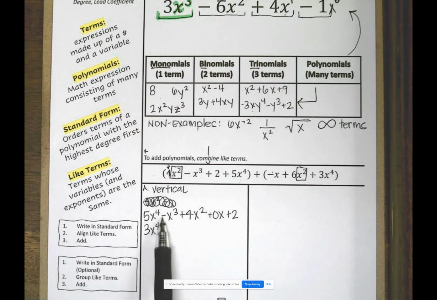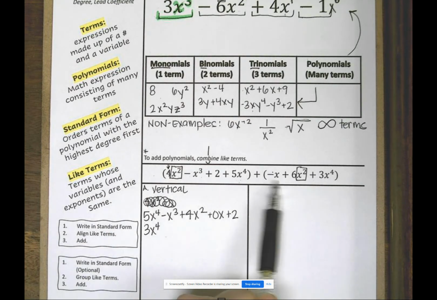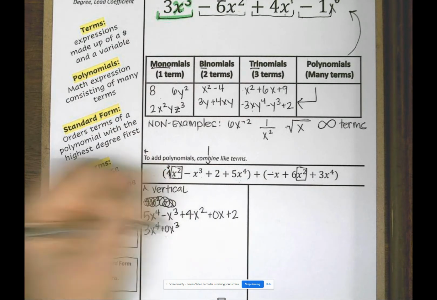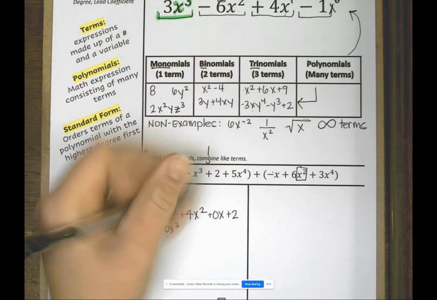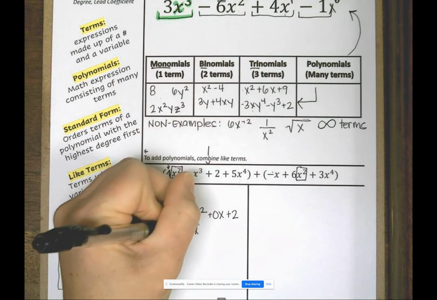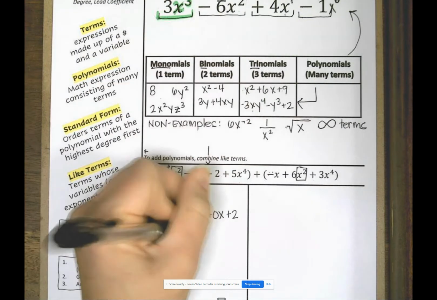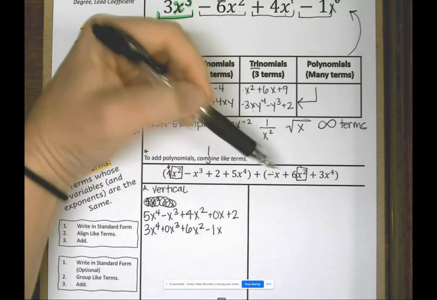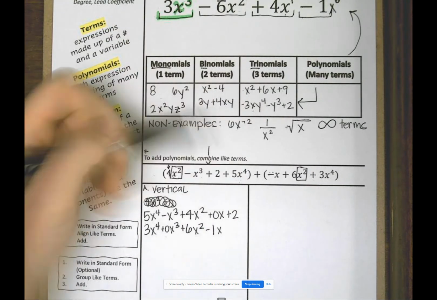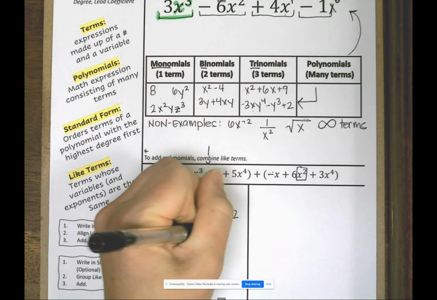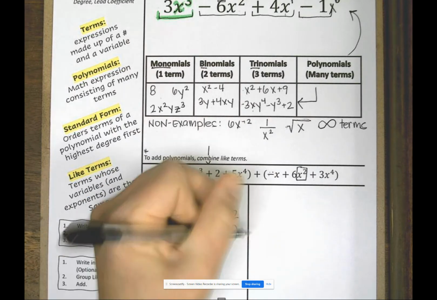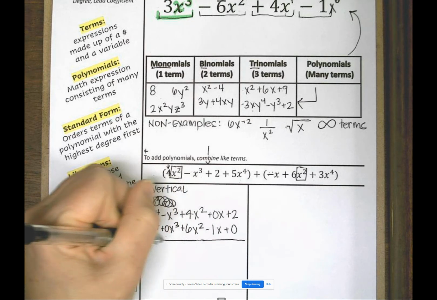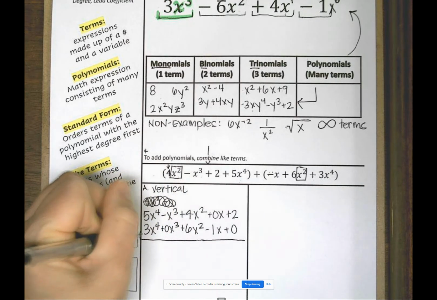I'm going to put my x to the 3rd underneath, but there isn't one, so I'm going to use a placeholder of 0, plus 6x squared, minus x is the same as minus 1x. I'm going to put minus 1 just so I add correctly. It kind of clears things up for me. And I have no constant term, so I'm going to put plus 0 as a placeholder. And the reason we put placeholders is so we don't accidentally align the incorrect terms with one another.